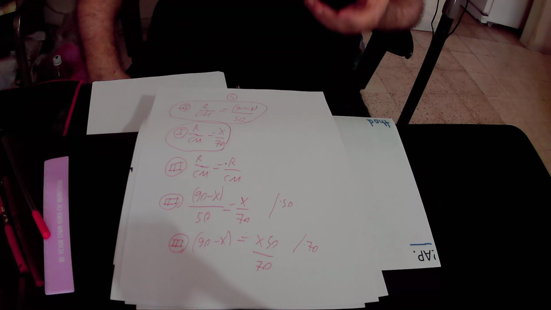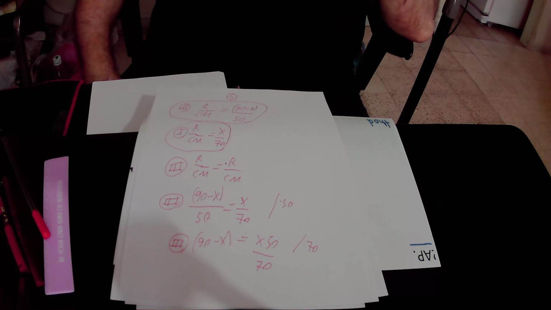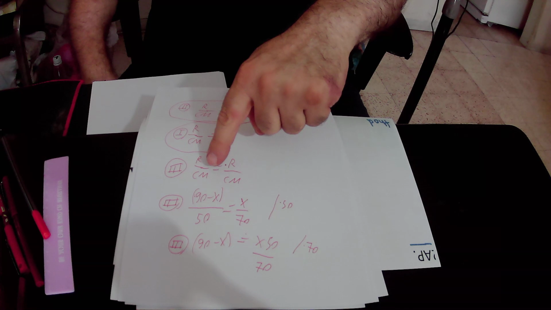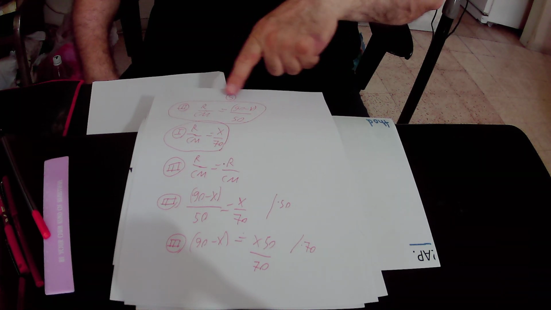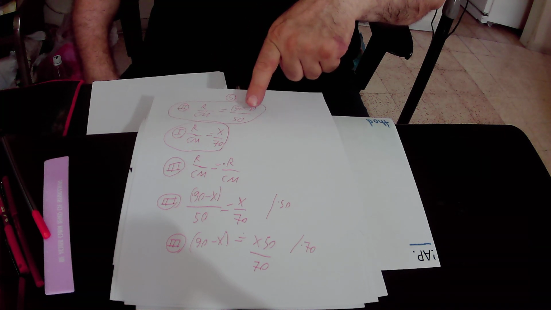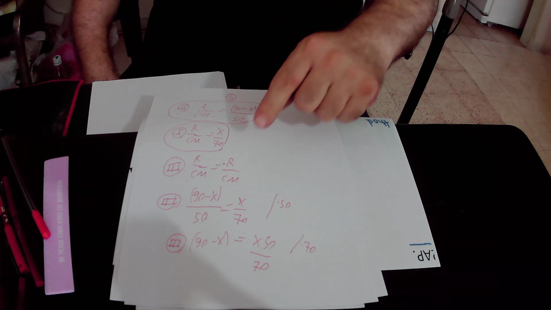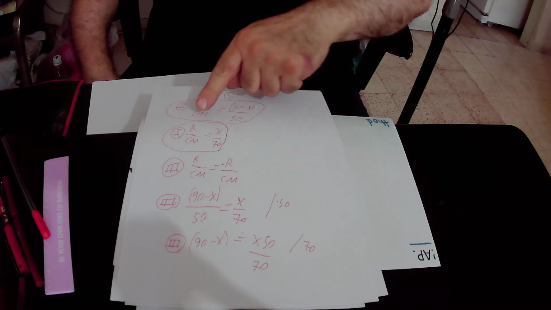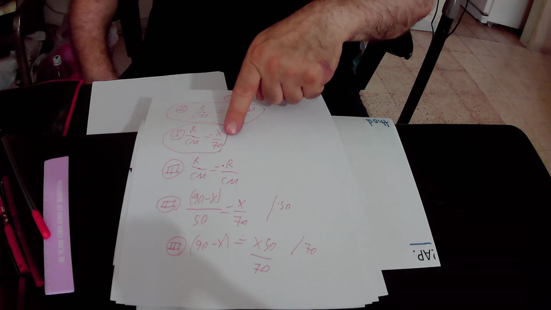So we can create the third equation that states that R over CM equals R over CM. And in the third equation, we substitute R over CM on this side of the equation by the value of R over CM in the second equation, that is to say 90 minus x over 50, and we substituted R over CM on this side of the equation for the value of R over CM in the first equation, that is to say x over 70.